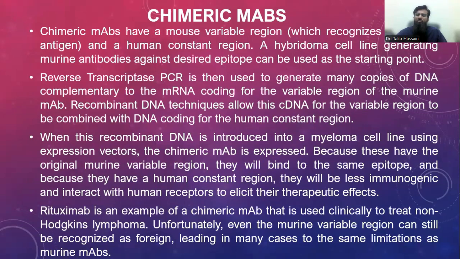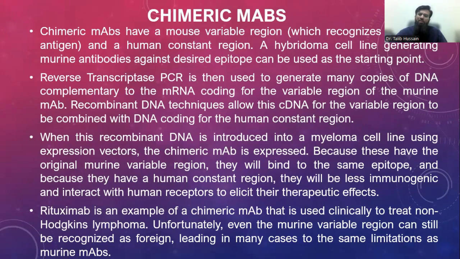So it will result in the variable region with an epitope that is from the murine, and secondly the constant region which is of the human. So the major part of the monoclonal antibody will be from the human source, and it will be less immunogenic and will interact least with the human receptor to elicit any adverse response, and interact well with the disease-causing species to enhance their therapeutic effects.